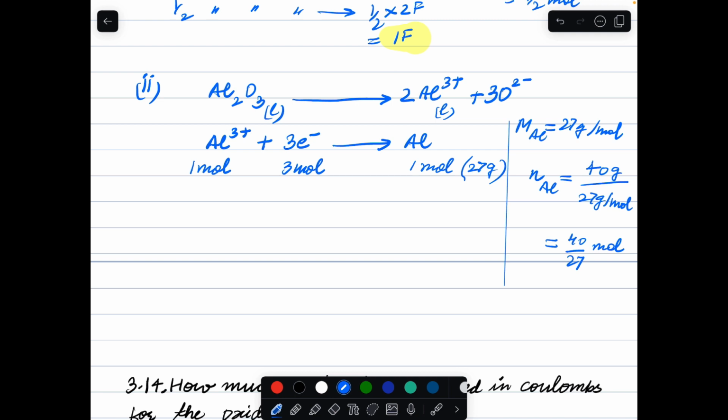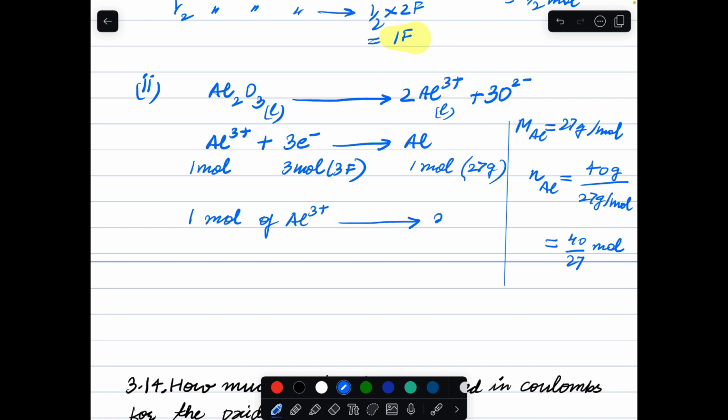Now come back to the problem. 1 mole of aluminium ion requires how many electrons? 3 moles of electrons. That means 3 Faraday of charge is required for 1 mole of aluminium ion to get 1 mole of metal.